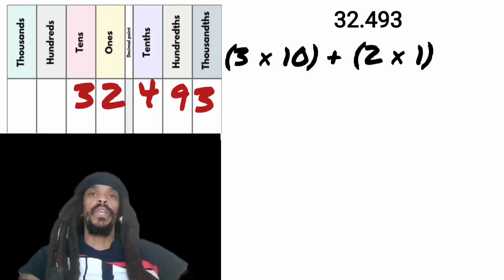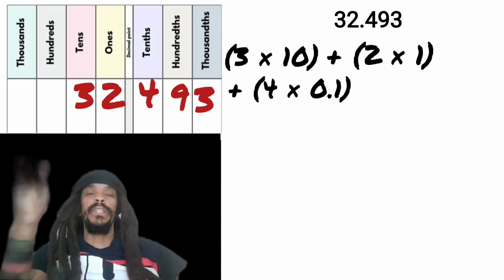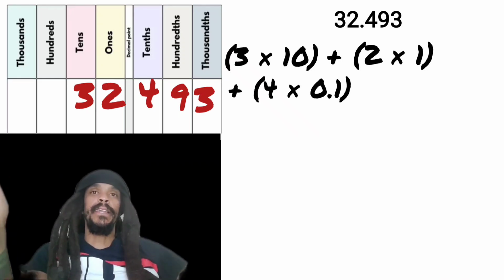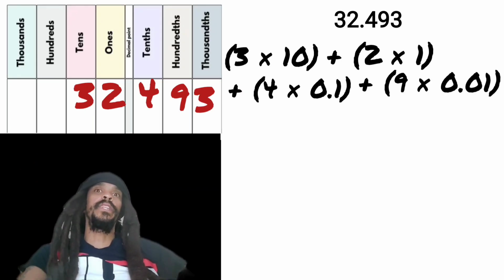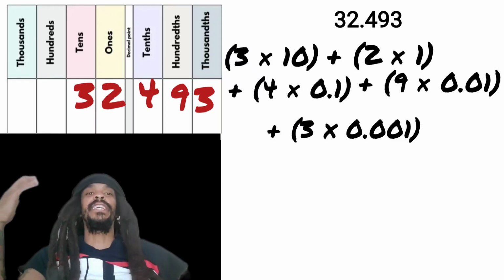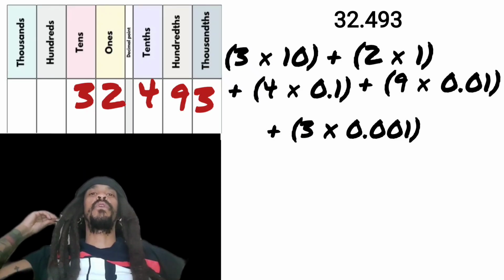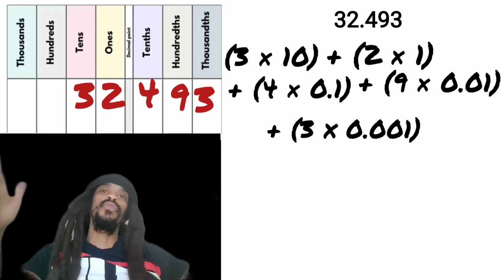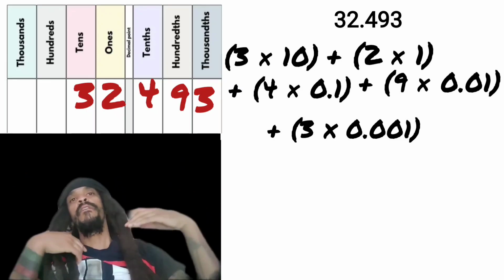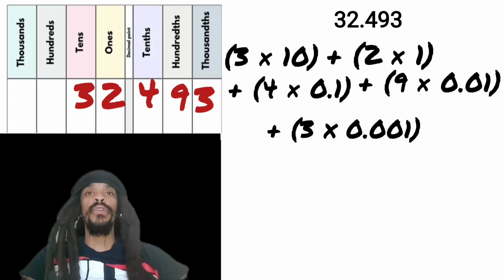Now we're going to add our 4 times 1/10, and then our 9 times 1/100, then our 3 times 1/1000. So all together in our expanded form, we have 3 times 10 plus 2 times 1 plus 4 times 1/10 plus 9 times 1/100 plus 3 times 1/1000.